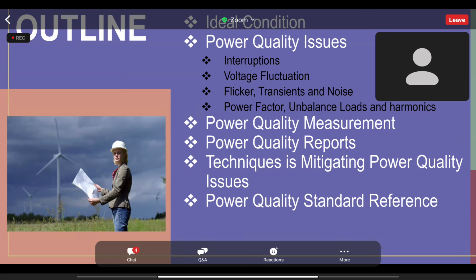And how do we generate the power quality reports? Then fifth, we have the techniques in mitigating power quality issues. So if in case we find some power quality issues in our system after the measurement, how do we mitigate them and how do we address them? And finally, we have the power quality standard reference. Then in our last presentation, we'll be showing a short example of power quality analysis done on a certain facility.